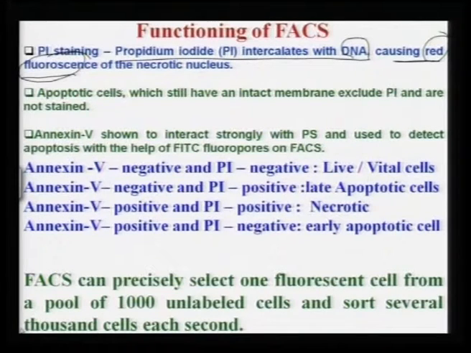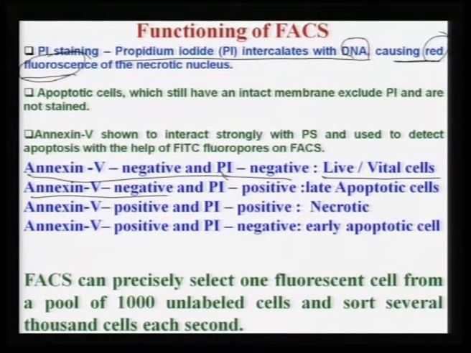First one I have written annexin 5 is negative, PI is negative, cells are live cells, vital cells. Now, annexin 5 is negative and PI is positive. PI is positive means cells are going towards a necrosis stage, but not yet all the cells are necrotic.